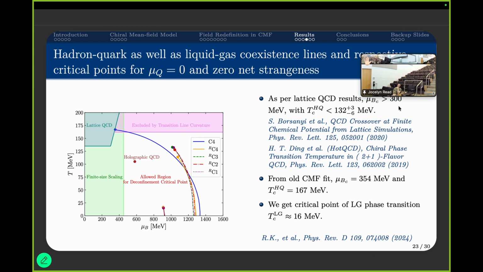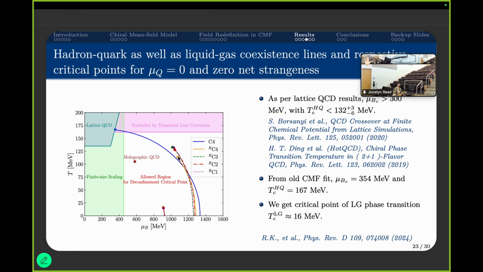Then we also fitted our critical point with respect to the lattice QCD results, and we got that for the old CMF, mu b was 354 MeV and TC was 167 MeV, but as per the modern constraint we have this white region, where the critical point can be anywhere. So we put our critical point here, which is not something we can just do. It has a particular constraint, and we can change the parameters only in certain ways.